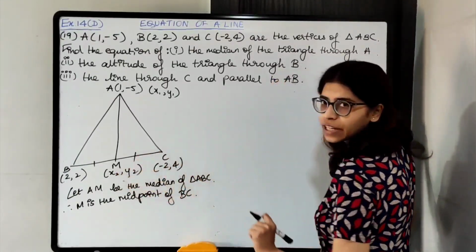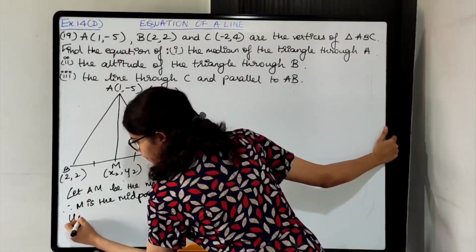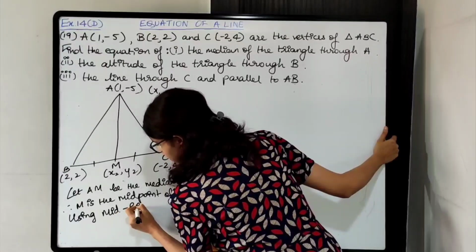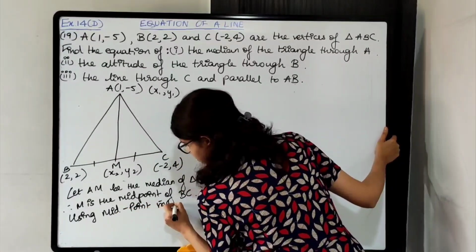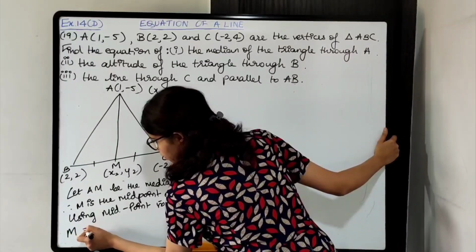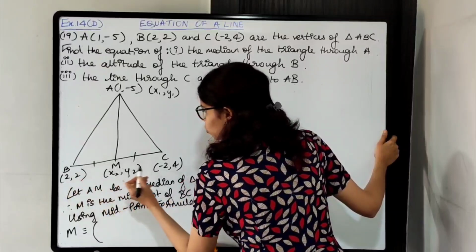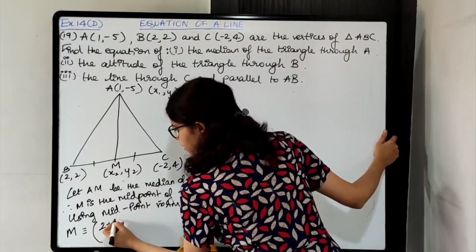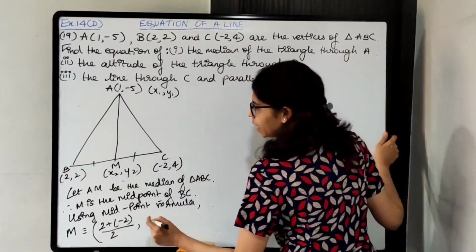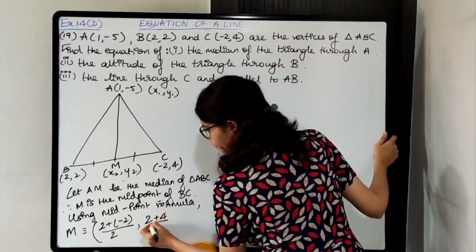Here we have to find the coordinates of M. So let's find the coordinates using the midpoint formula. So using the midpoint formula, what will be the coordinates of M? The x coordinate will be 2 plus minus 2 divided by 2, and the y coordinate will be 2 plus 4 divided by 2.